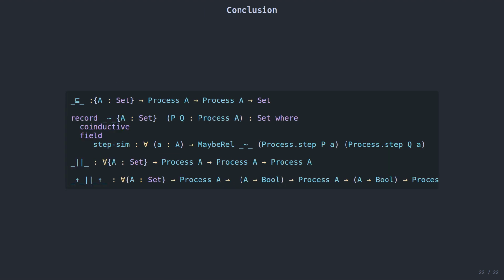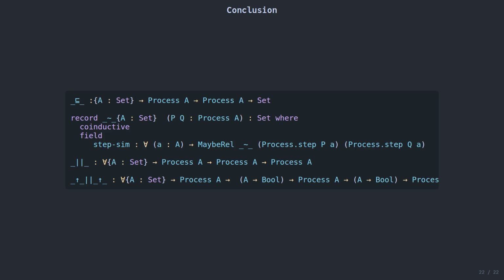So, we come to the end of this episode. Let's take a quick recap of what we explored today. We began with the ordering relation between processes, and we used it to define and reason about trace equality. Then we took a detour into Bisimulation, and we proved that bisimilarity implies trace equality as well, giving us a second coinductive way to compare processes.